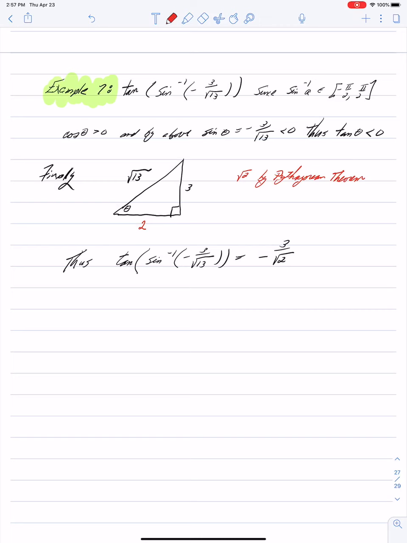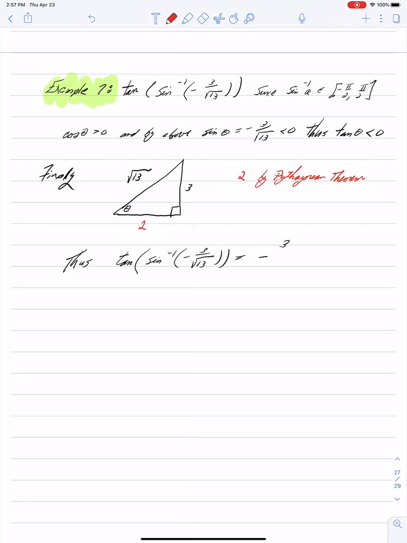Because what? 3 squared added to 2 squared should be 13. Alrighty, so that means by the Pythagorean theorem it is 2. And now we're going to change things down through here.